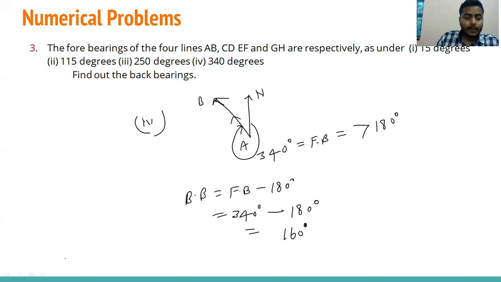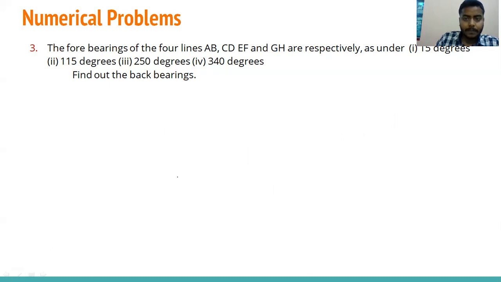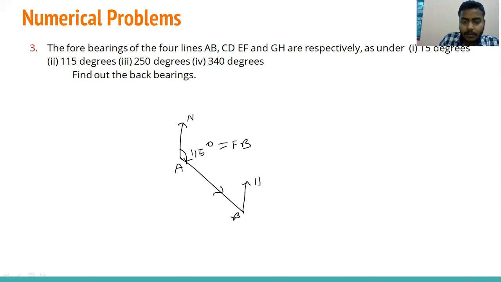160 degrees. So see, no need to remember all the formulas. When you draw the figure, you can get the idea of what will come. Suppose I'm taking the example of this one, 115 degrees. Like this is north, and this is somewhere A to B. This is given as 115 degrees, that is the fore bearing. Now draw a north here. So what will this angle be?